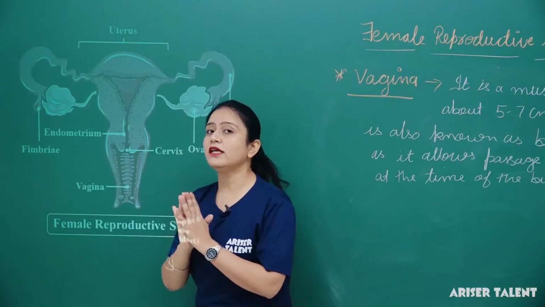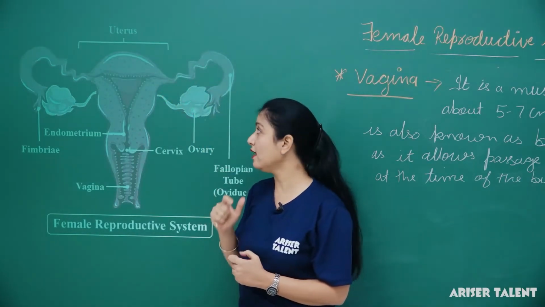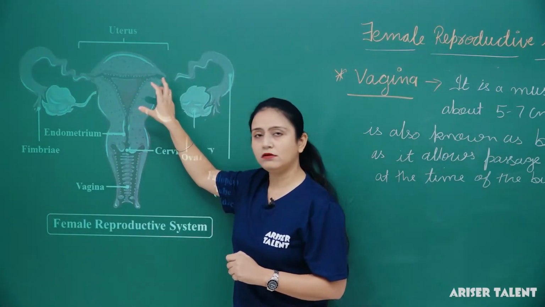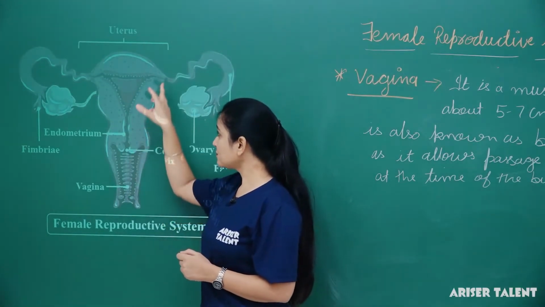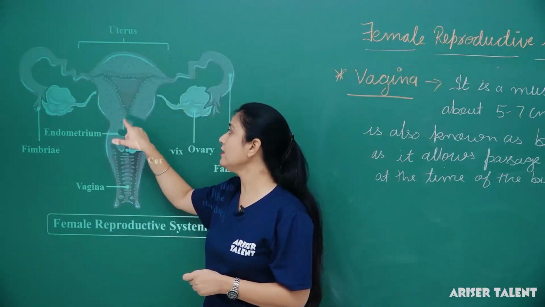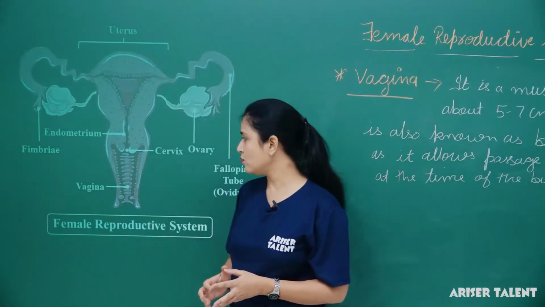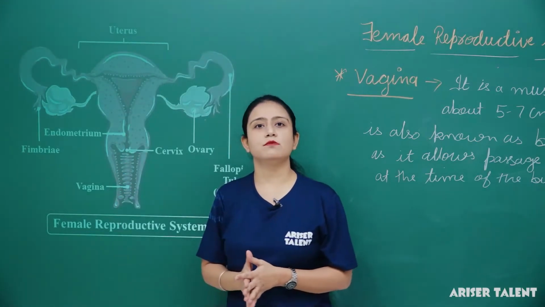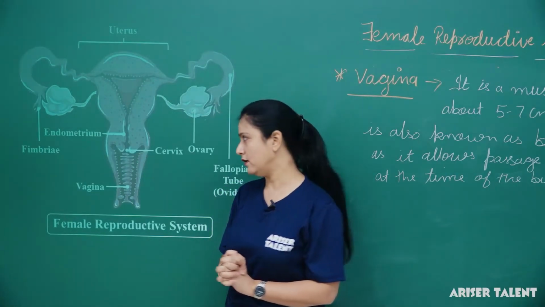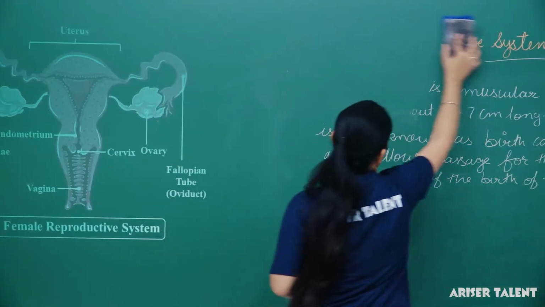But if fertilization does not take place, the uterus has already prepared its walls for accepting it, so these linings break down and come out through the vagina as blood and mucus. This is known as the menstruation cycle. Next is the menstruation cycle.